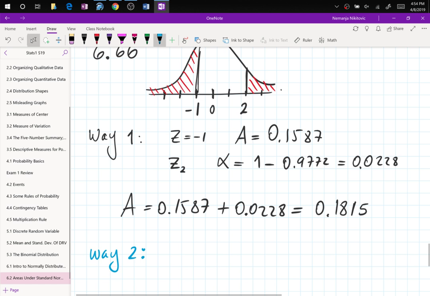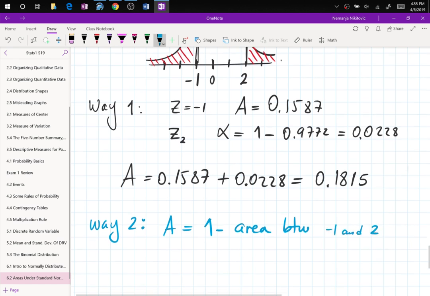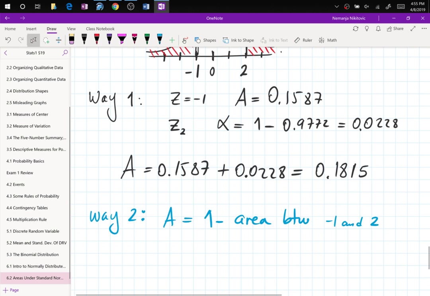Now let's do way 2. Way 2 will calculate the area in between and then 1 minus. So the area would be 1 minus the area between -1 and 2. So we find the z-score to the left: for -1 it is 0.1587.